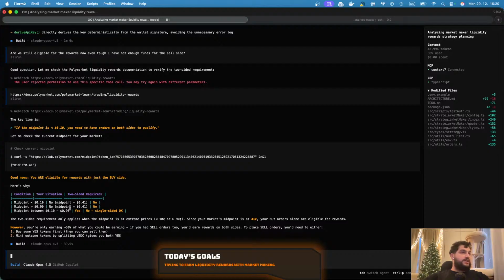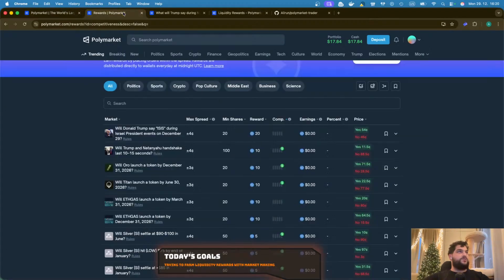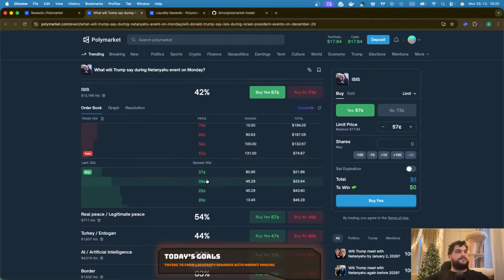So in our case, it's 41 cents, which is like no one knows really whether it will happen or not, and that's why it's paying the rewards.